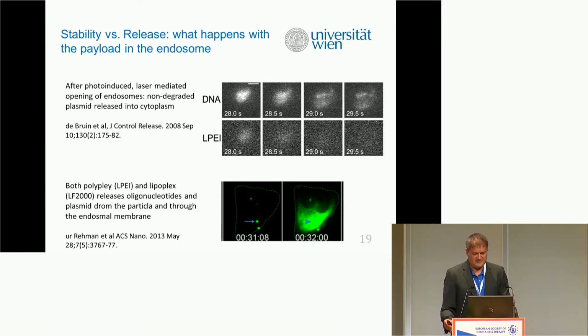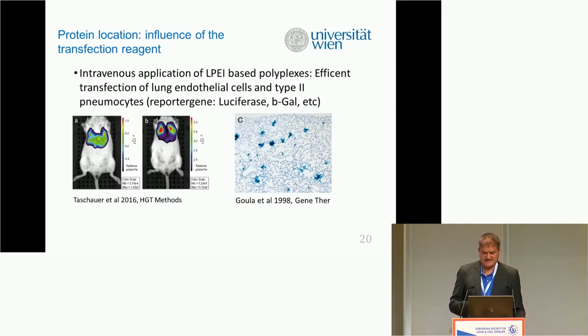And later on, another group showed that both such polyplexes but also lipoplexes do release their payload relatively fast, even without such a laser induction. So this is also important. It has to be a dynamic system. It has to be released, so the cell has access to the free nucleic acid.